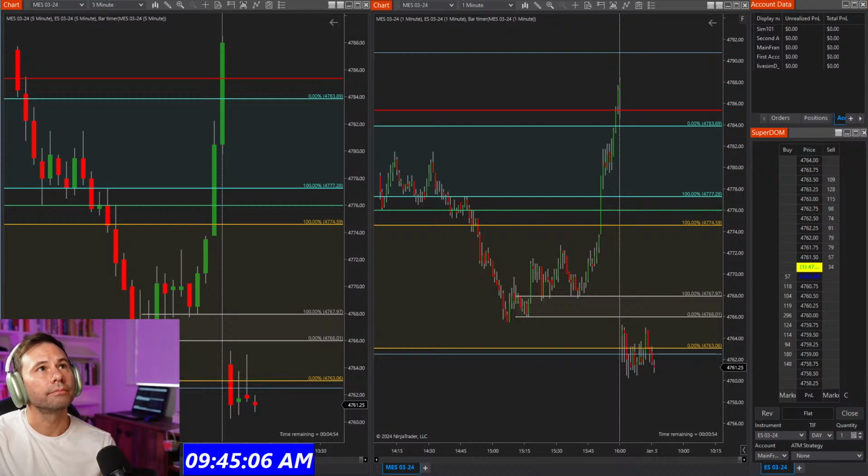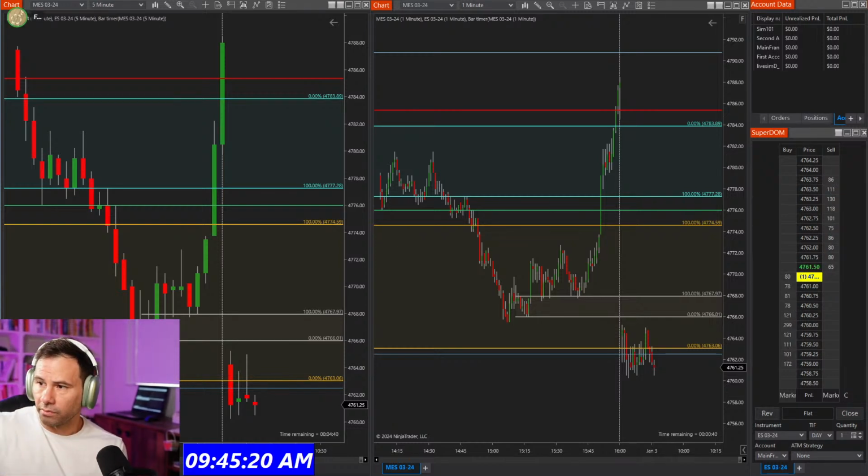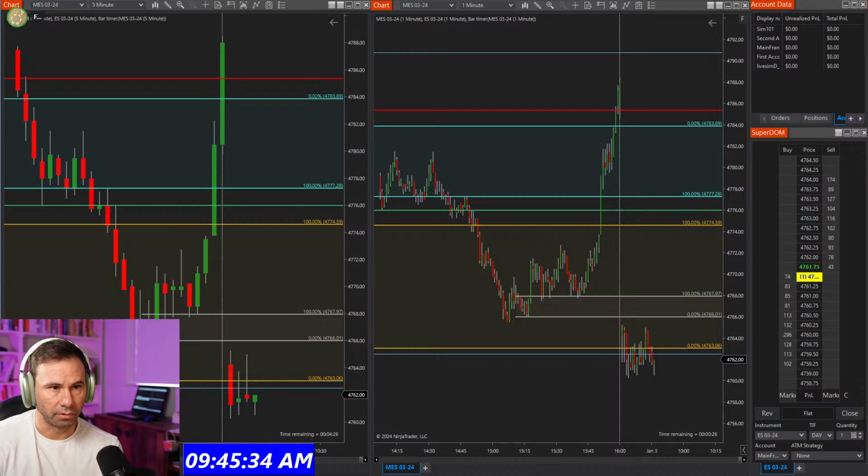I want to say I missed it because of the divergence, but location is still not good, and we didn't have an opening range breakout, so it's hard for me to take a trade here at 65. I needed to go up to the location.